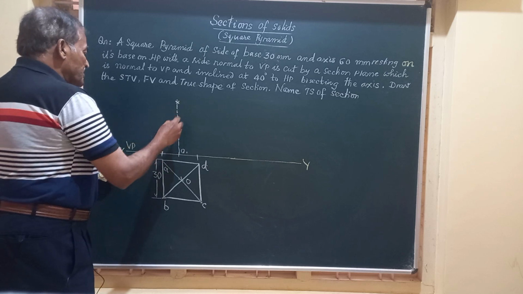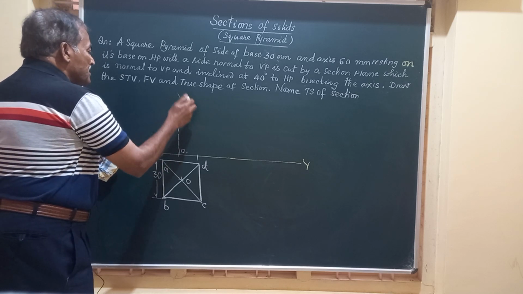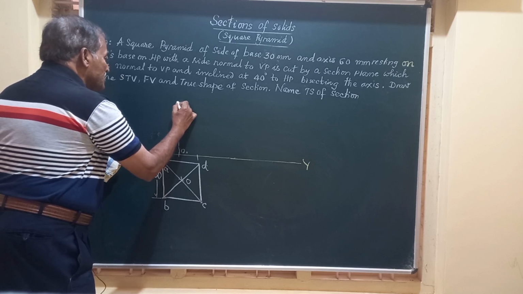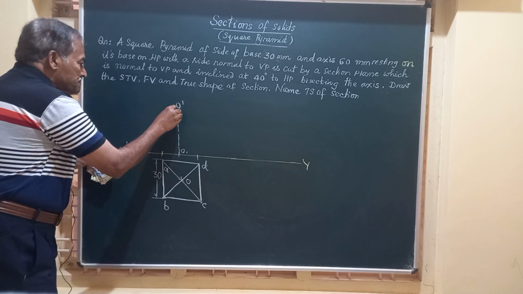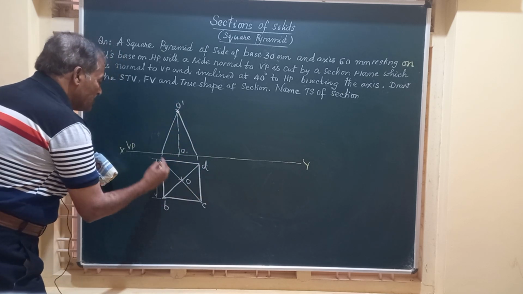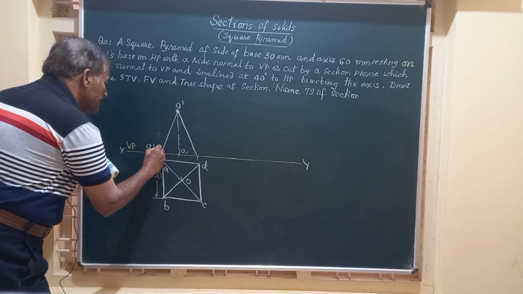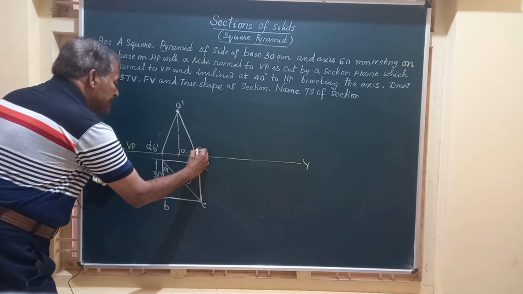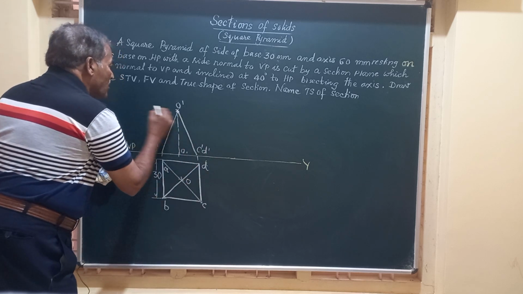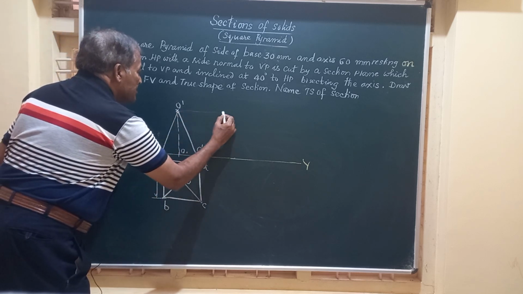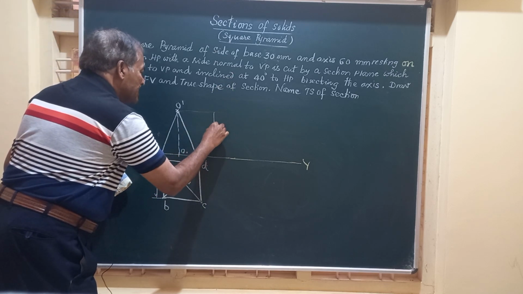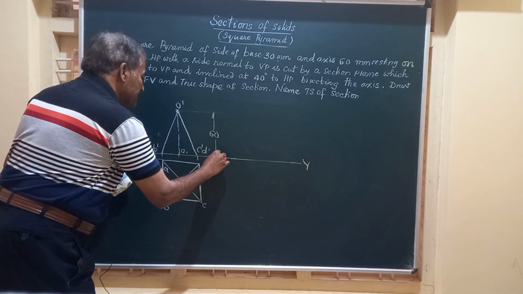The height of the solid is given to be 60, so I will mark this O dash, the vertex of the solid, and join that vertex to these corners, namely A dash, B dash, C dash, D dash. And friends, this has a height of 60 millimeter. The axis length is 60 millimeter.